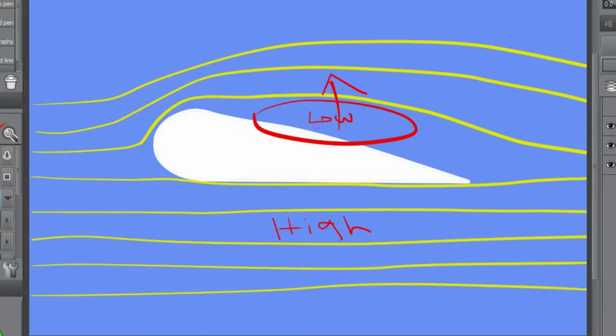And because this pocket of low pressure is essentially being generated by the air being disturbed going over the top of the wing, this pocket of low pressure follows the wing. So as you go up in altitude, this same low pressure pocket follows along with the wing, doesn't detach. This means that as you climb, you continue to generate lift and you're able to actually fly.